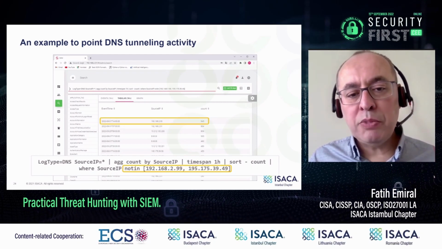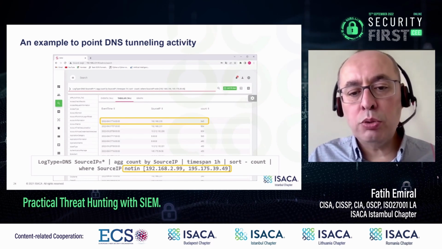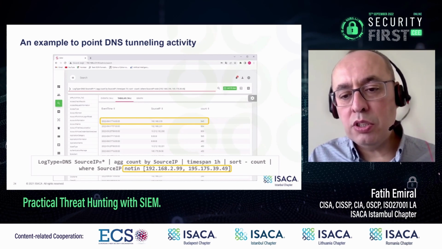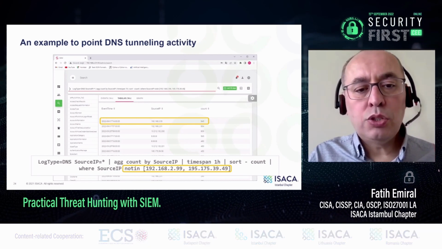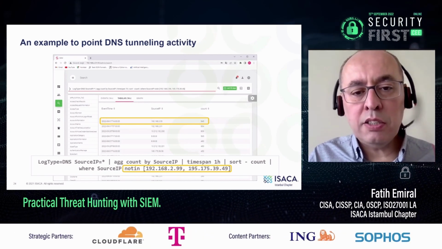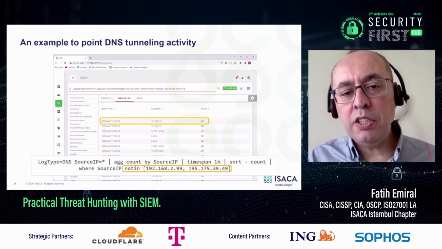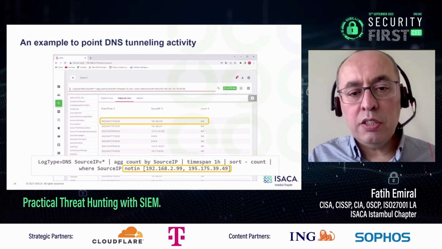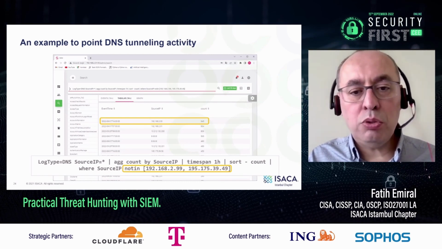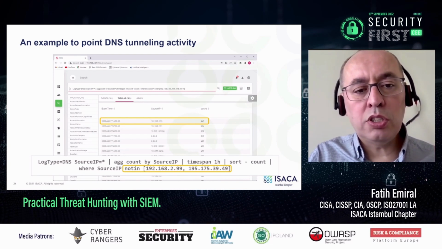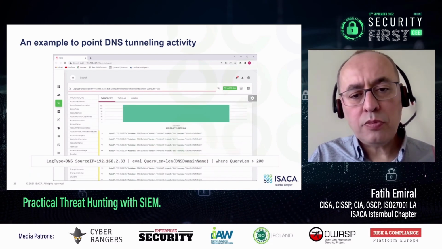So I'm narrowing down my query to exclude the firewall IP address and the famous Turkish DNS server IP address. I can see that .32 had 945 DNS queries in a single hour period. So it's a strong indication that something happened during this time period.